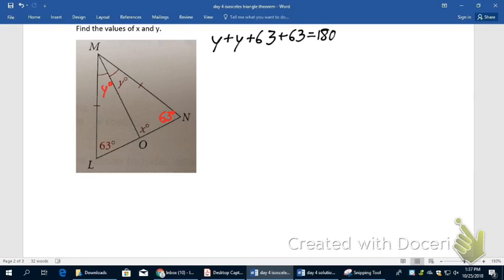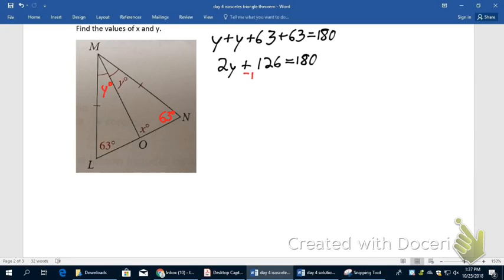That is because the large triangle does represent 180 degrees, and y plus y because it took two y's to make up this angle at the top here. Now I've got 2y from combining my like terms. 63 plus 63 is 126 when you add it together, equal to 180 degrees in the triangle.